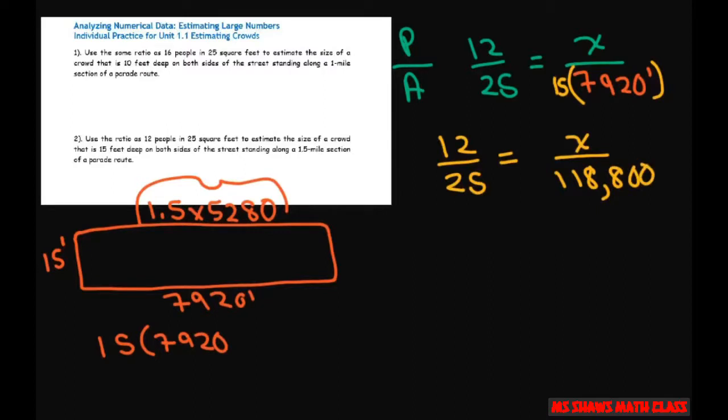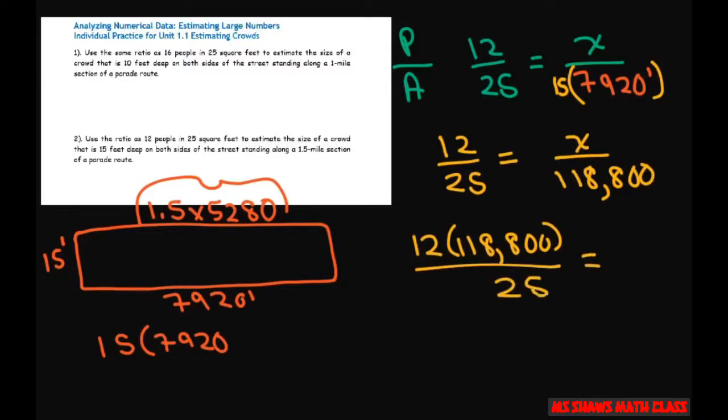Cross multiply, and we're going to get 12 times 118,800 divided by 25 equals x, and this equals 57,024 people. So that's your x.